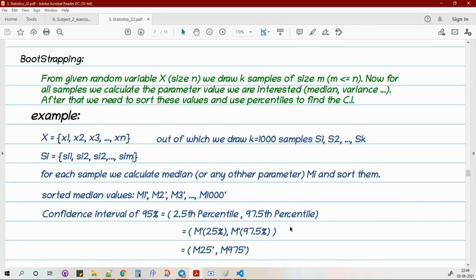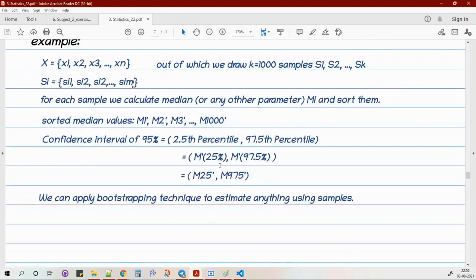Now I have 10,000 samples in my hand. Let's say I want to calculate the median. For each sample, I will calculate the median and note it down, so I will get 1000 medians for 1000 samples, M1, M2, M3 up to M1000. Out of all these, I can calculate the 2.5 percentile and the 97.5 percentile. The confidence interval for 95% means taking from 2.5 to 97.5.